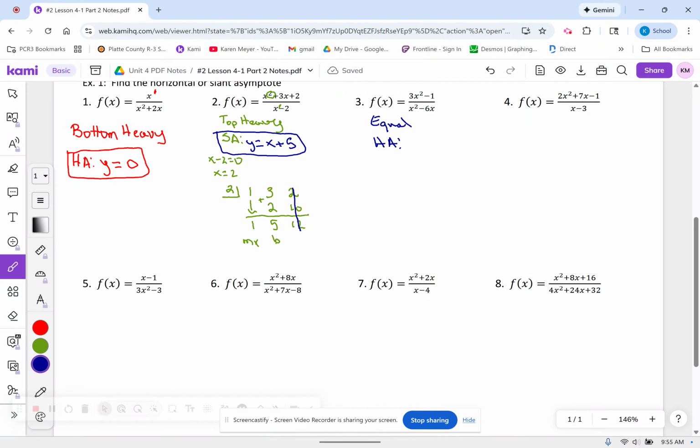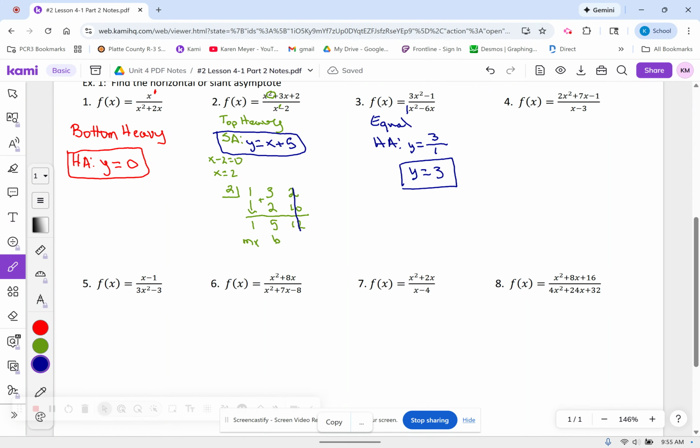What's in front of x squared on the top? That is a 3. And what is in front of x squared on the bottom? If there's not anything listed in front, then that means it's a 1. So you would have y equals 3 over 1, which is just y equals 3. And then you're done.